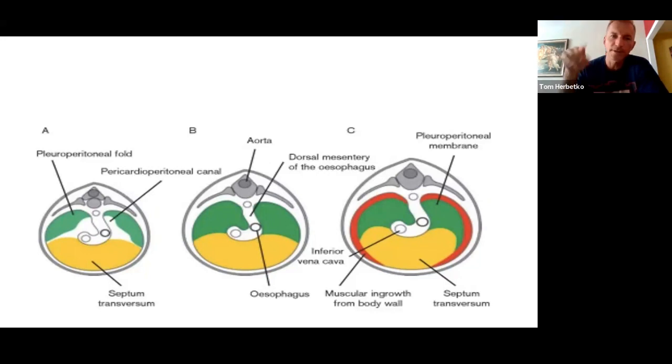Interestingly, the septum transversum also develops into the Glisson capsule. That's why the capsule that covers the liver comes from C3, C4, C5. That's why when you have liver problems, you will also have neck pain. So that's the embryologic region.